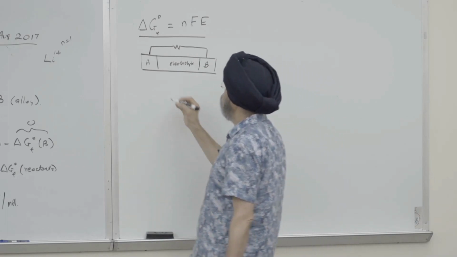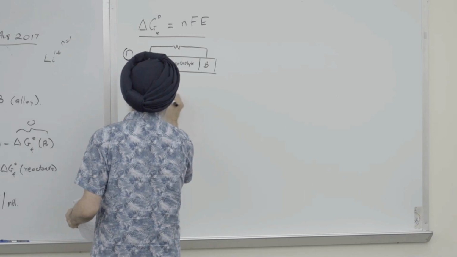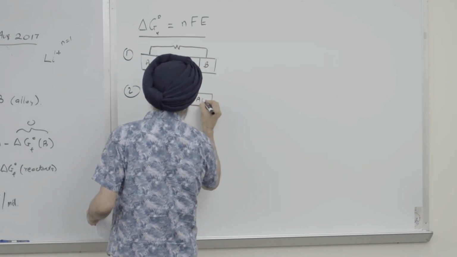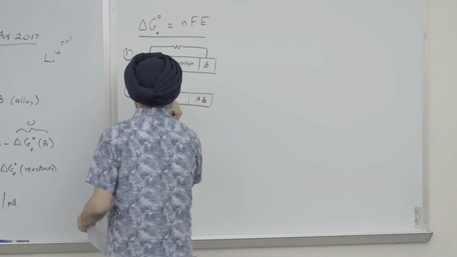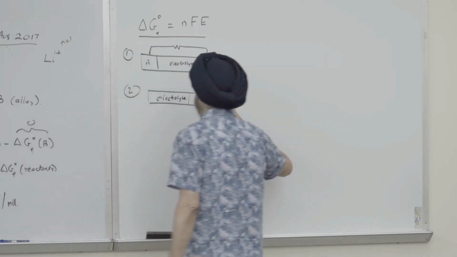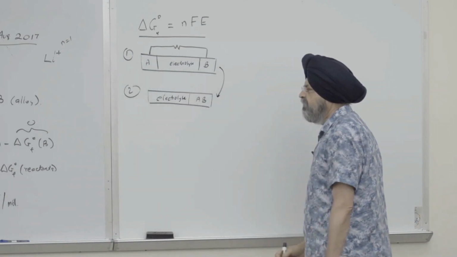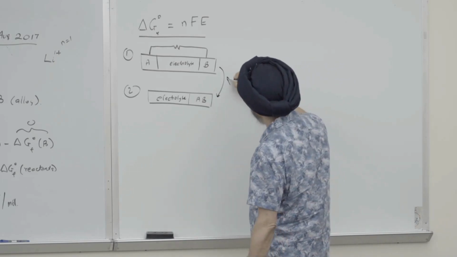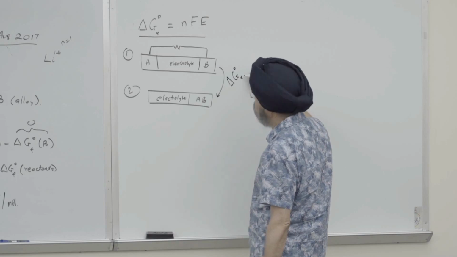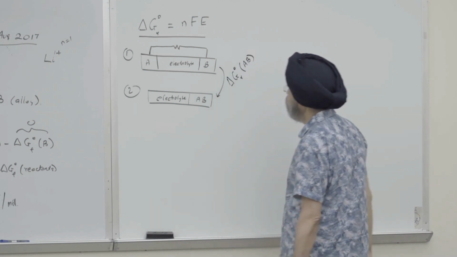This is our initial state. The final state was this, where the reaction was complete, and this is still the electrolyte. In this process energy was given off. How much energy was given off? Delta G of reaction, for this case the formation of AB. So this much energy was given off.